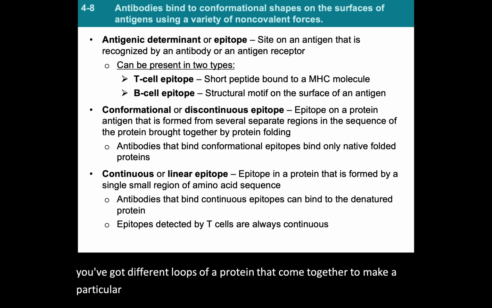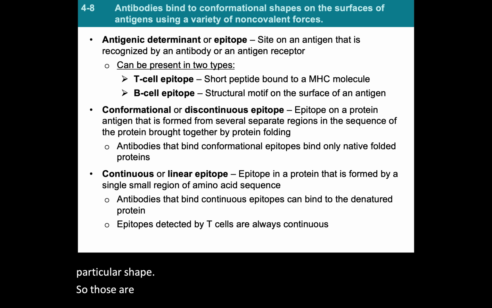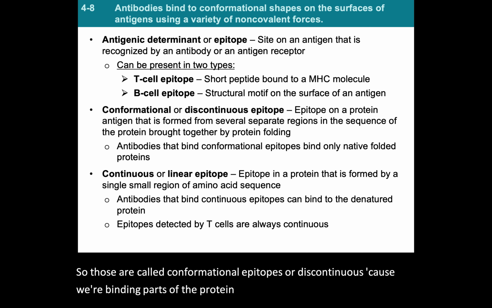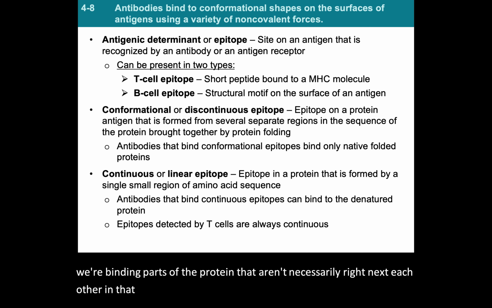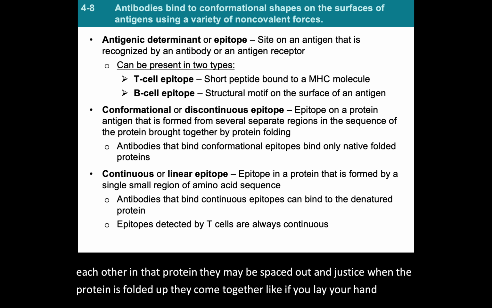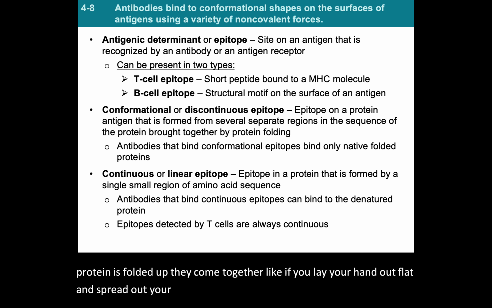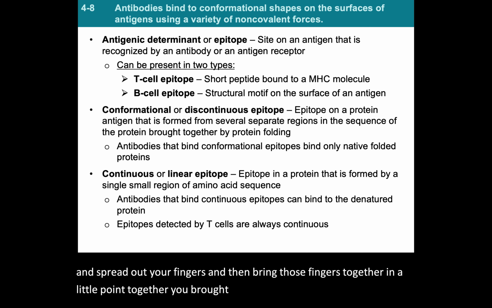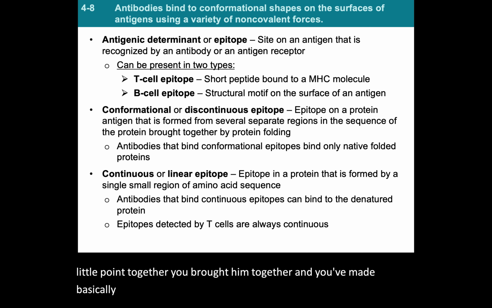So those are called conformational epitopes or discontinuous, because we're binding parts of the protein that aren't necessarily right next to each other in that protein. They may be spaced out, and just when the protein is folded up, they come together. Like if you lay your hand out flat and spread out your fingers, and then bring those fingers together in a little point, you've basically made a conformational epitope.